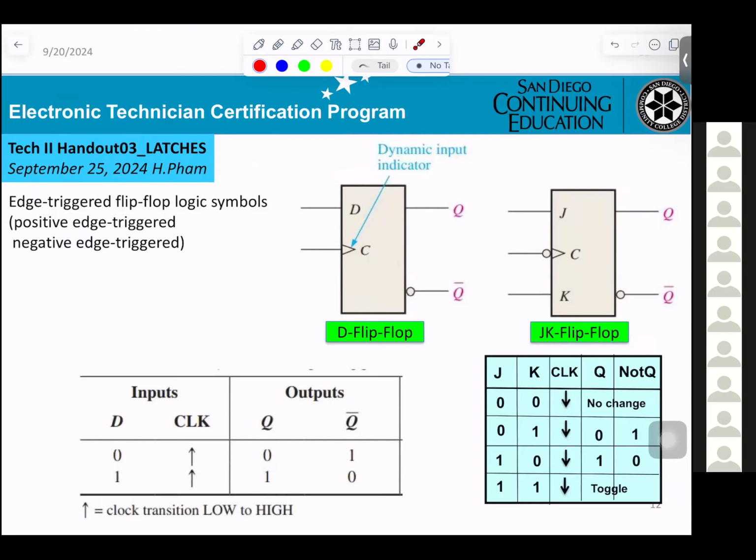So you see the D and JK. Basically, you can see on the D here, Q equals D when the clock makes a transition from 0 to 1.